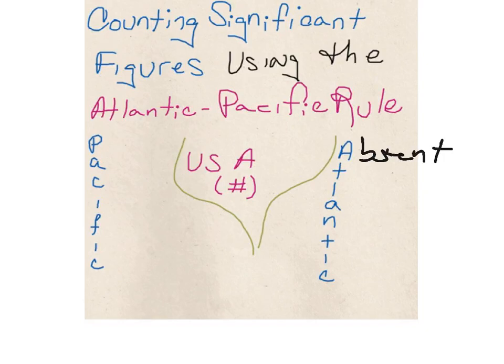And the Pacific begins with P, of course, and P also begins the word present. So we're going to use present and absent as well as Atlantic on the right side and Pacific on the left side as our cue to figuring out how to count significant figures.